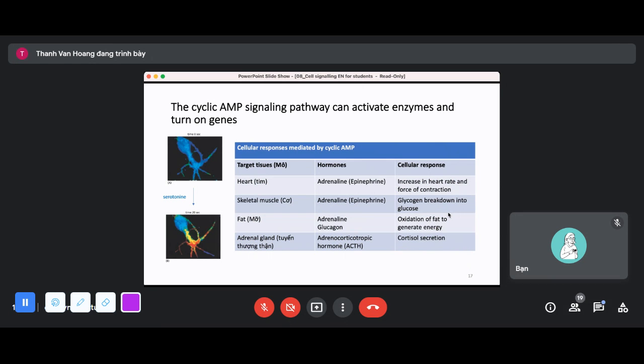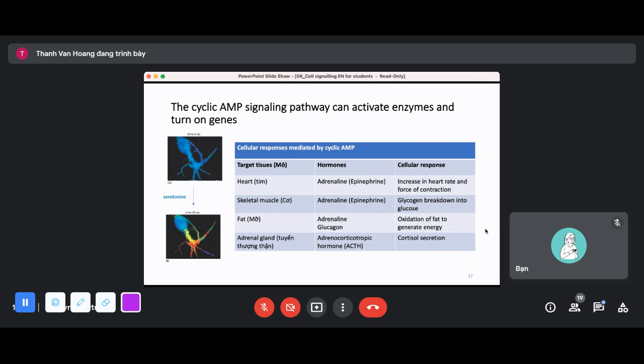Here are some examples of signaling pathways that use cyclic AMP to transduce the signal. For example, adrenaline. As we said, when we experience danger, our body secretes adrenaline, and it makes our heart beat faster, increases the heart rate, contracts our skeletal muscle, and also induces the hydrolysis or oxidation of fat to give our body energy.